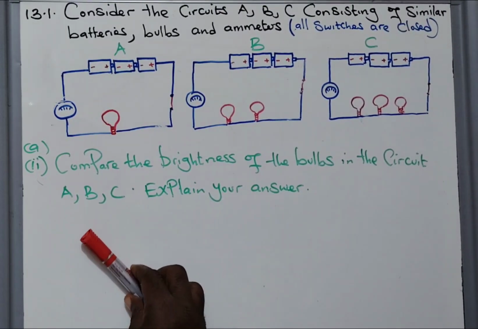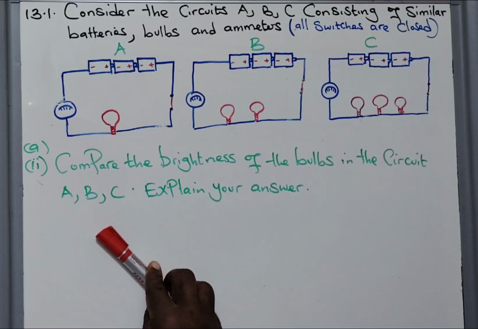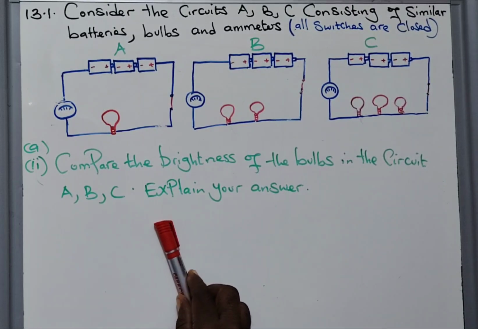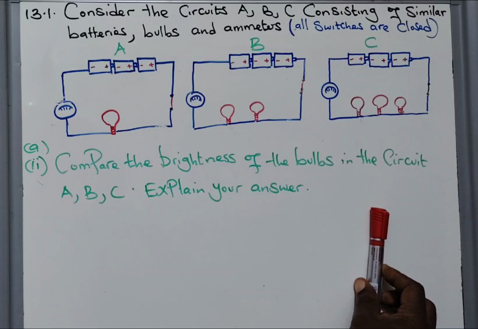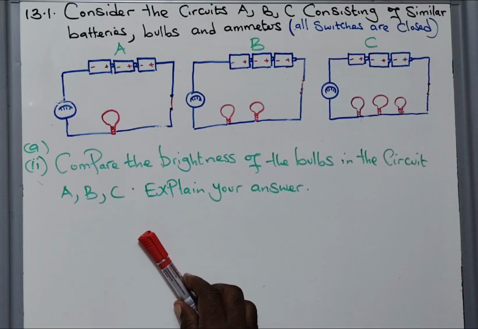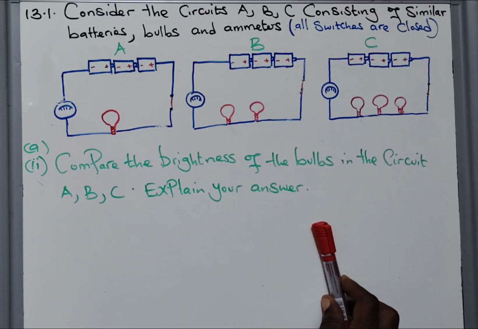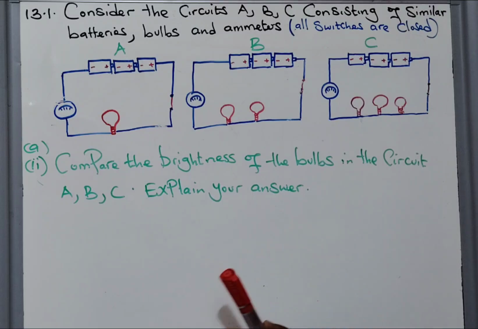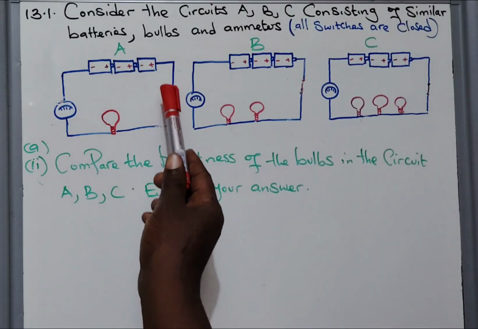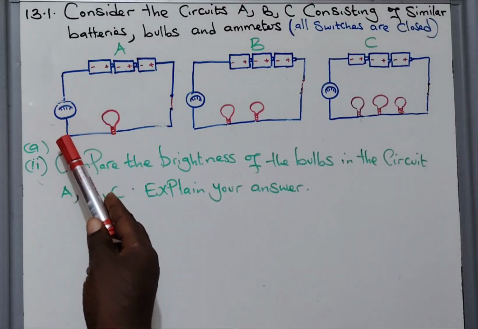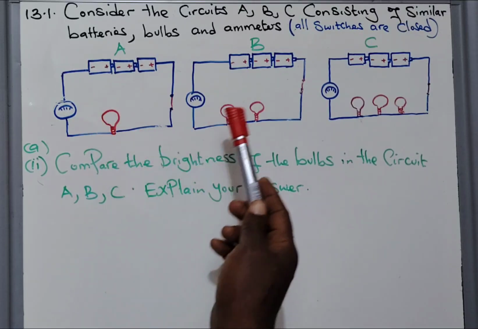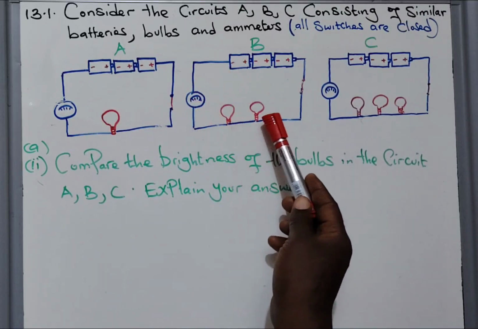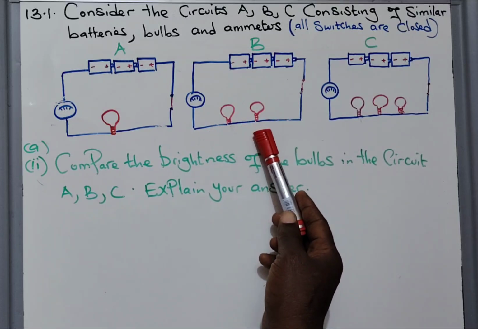Then we come to this one. It says compare the brightness of the bulbs in the circuit A, B, and C, and explain your answer. Let us analyze each of the circuits. In A, we have only one bulb. In B, we have two bulbs which are in series.